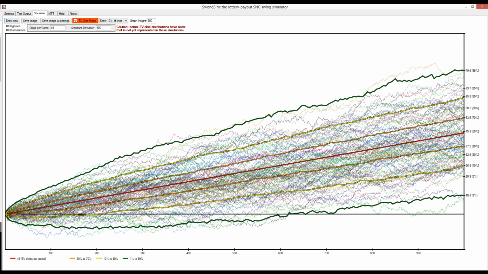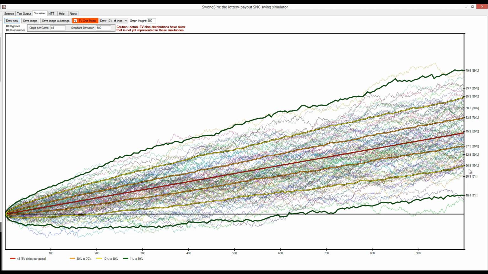And you can see that now the spread is really quite large. You can see 10% of players are at least 20 ChipEV below their real ChipEV. And similarly, 10% are 20 ChipEV over.